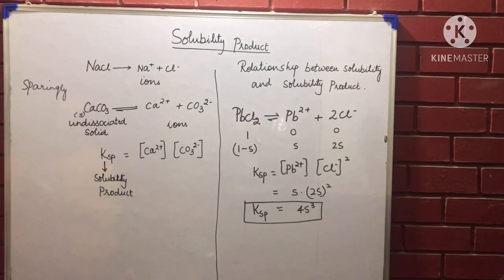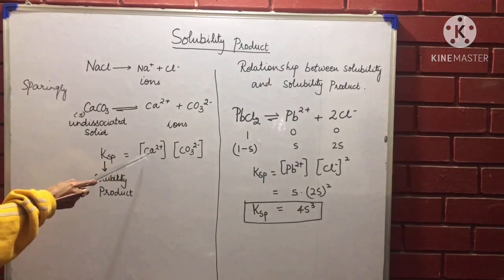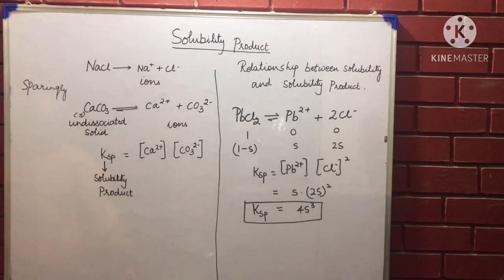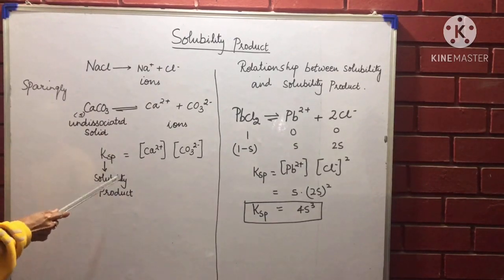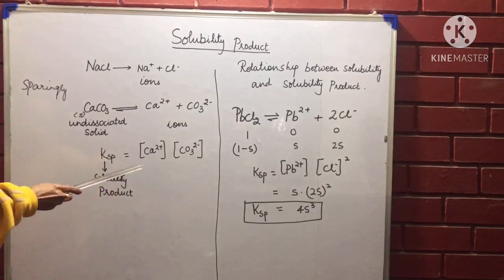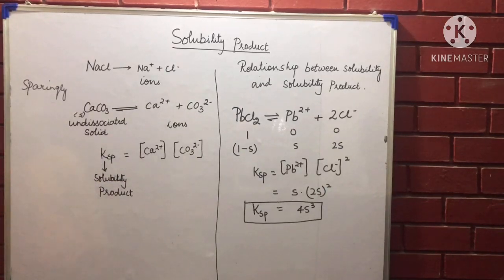We have done this before also, that solids are not considered. Which means Ksp, which is solubility product, is the product of its ions. So these two will be called ionic product and Ksp is called solubility product. Now when ionic product is equal to Ksp, it is called a saturated solution.